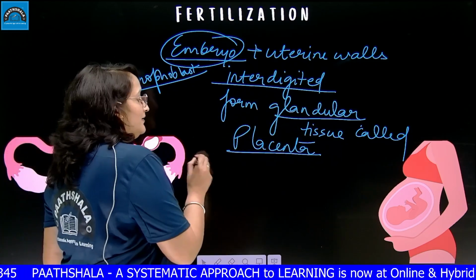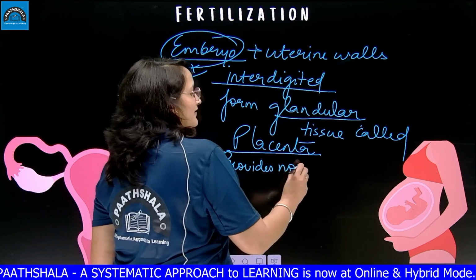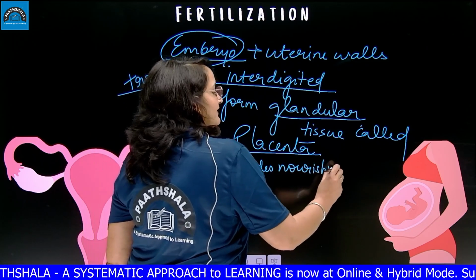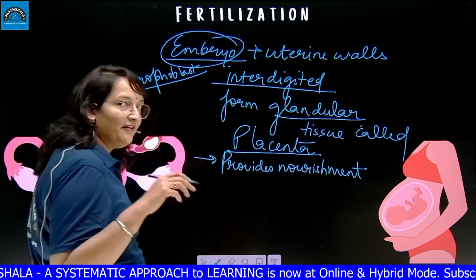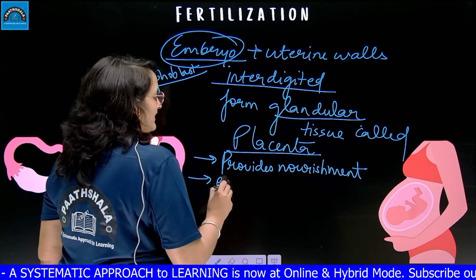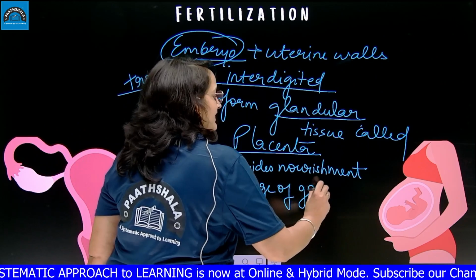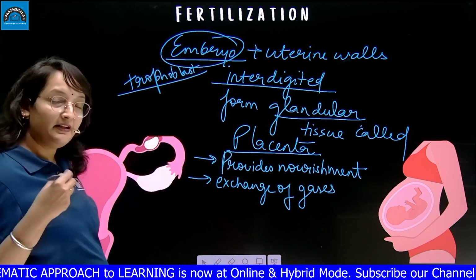Placenta shows these functions. It provides nourishment via blood. The female blood is providing everything for the development of the fetus. It is helping in exchange of gases. Placenta is helping in respiration also, in breathing also.